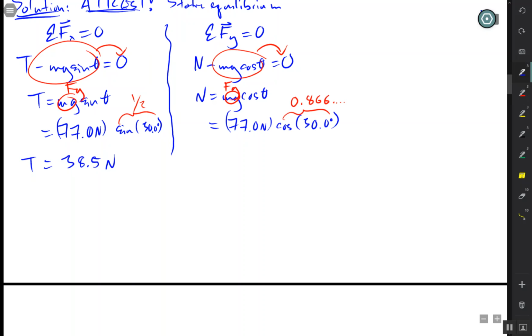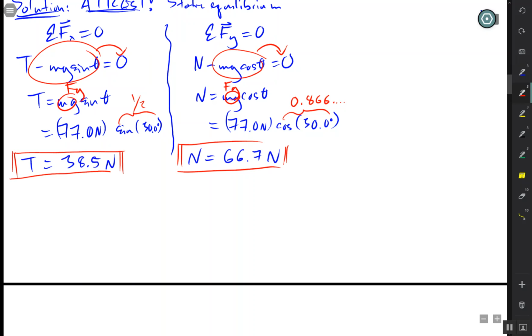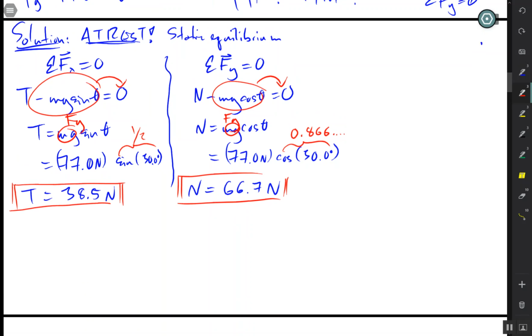And sure enough, it gives us something a bit bigger than 66.5, almost two-thirds to be exact. And there you go, the magnitude of the tension that needs to hold the sled in place and the normal force.